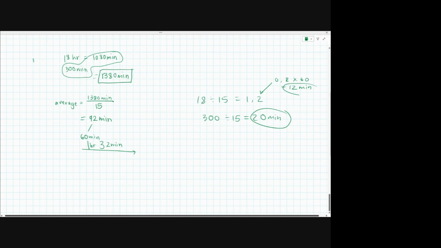So 20 minutes plus 12 minutes is 32 minutes, and 1 full hour, which is what we got, 1 hour, 32 minutes. So it works either way.